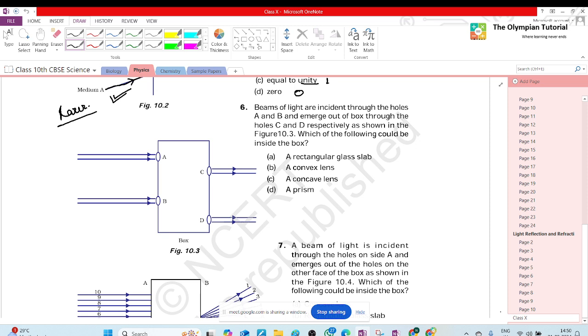Ma'am, glass slab. Okay Ayukta, very good, but you have to explain how. Ma'am, I don't know how to explain.